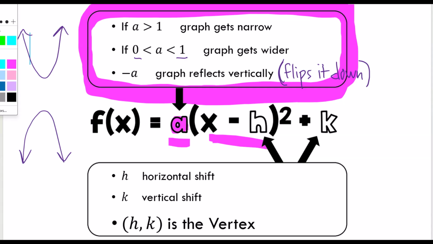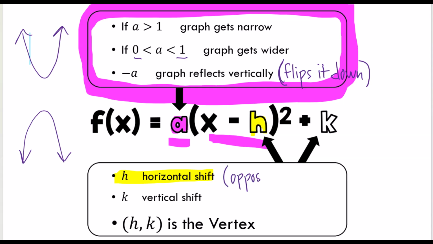All right, and then H. This H right here, I'm going to highlight in yellow. This H value is a horizontal shift. In the second box down, I want you to write this: this H is a horizontal shift. And the most important thing, do you see how in the formula it's x minus h?